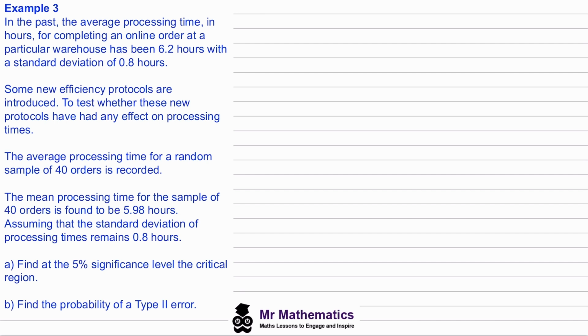So we'll say that the sample mean is x bar, and this is distributed normally with a mean of 6.2 and a variance of 0.8 squared divided by the sample size of 40. And then I'll sketch its distribution.